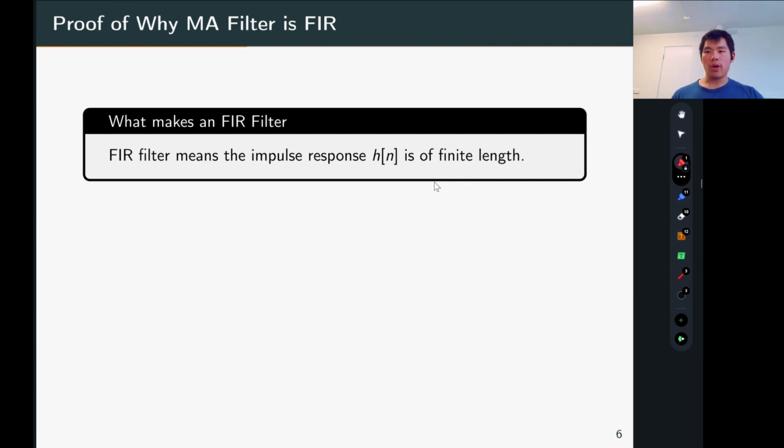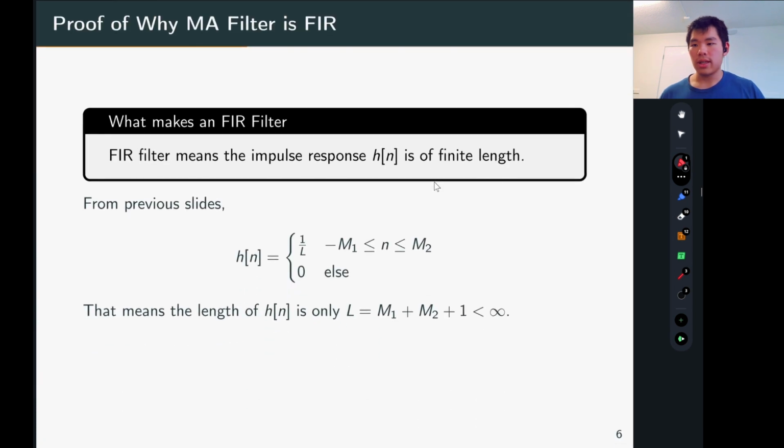And so why is the moving average filter an FIR? Well, what makes an FIR filter? An FIR filter means the impulse response is of finite length, hence the name finite impulse response. And that's the case because the impulse response is nonzero only between these limits, and it's 0 everywhere else.